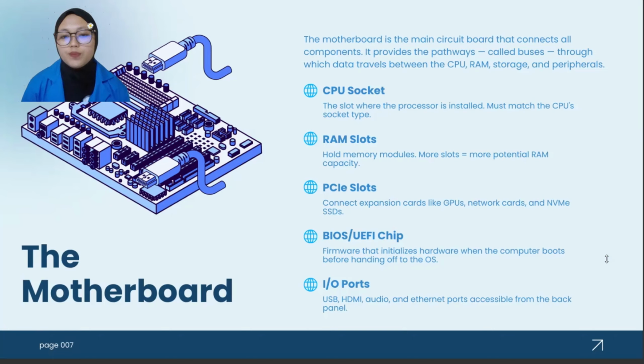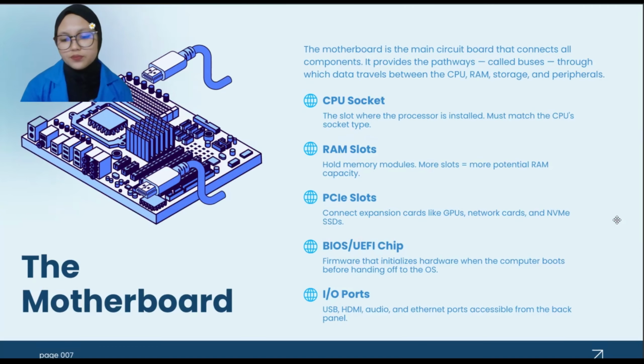Number 4 is the BIOS or UEFI chip, firmware that initializes hardware when the computer boots before handing off to the OS. Number 5, I/O ports: USB, HDMI, audio, and Ethernet ports accessible from the back panel.